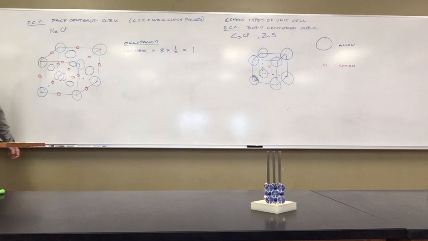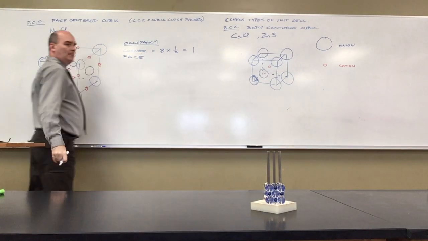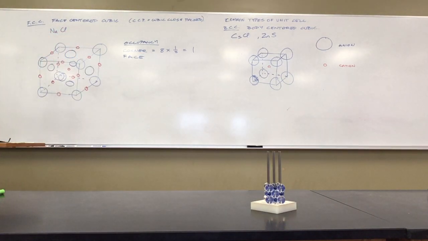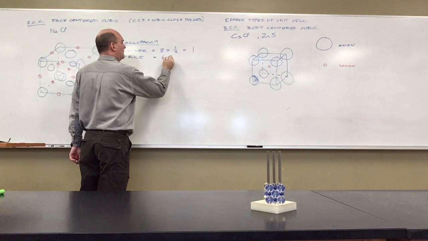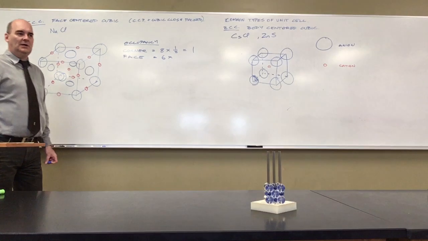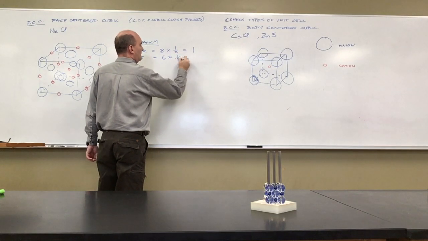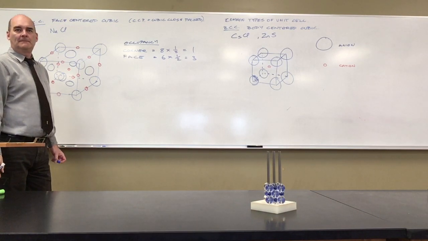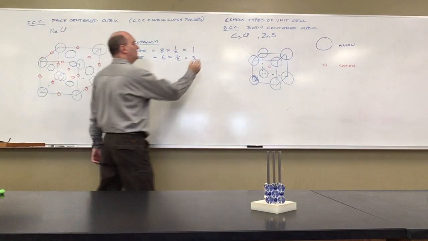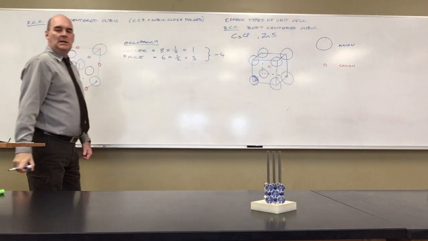I also have anions on each face, on the center of each face. How many faces are there in a cube? 6. So I have 6 of these on the faces. How much are they inside the cube? 1/2. Do I have any other anions in my unit cell other than the faces and the corners? No. So this gives me a negative charge of 4.